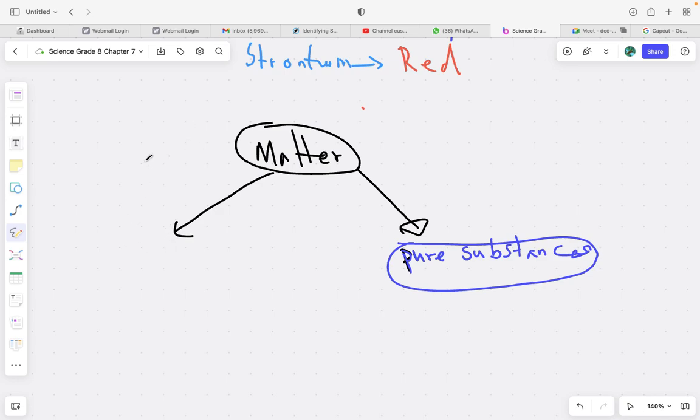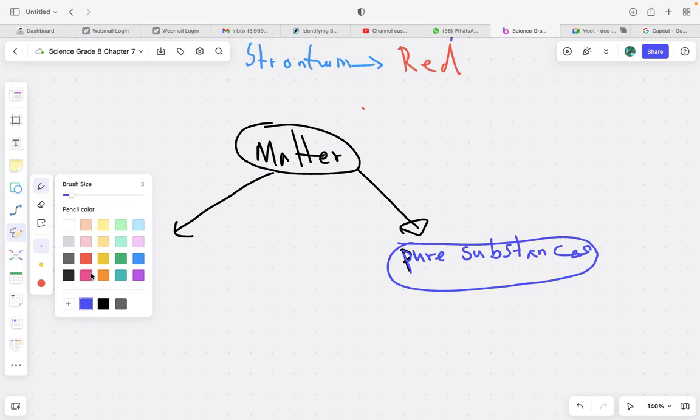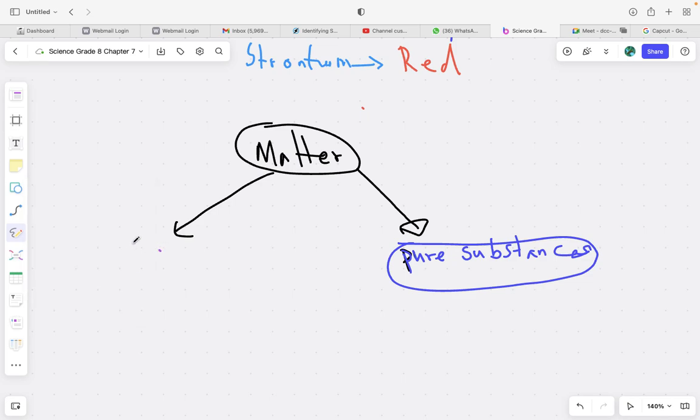And then here we have mixture, and then we have pure substances.